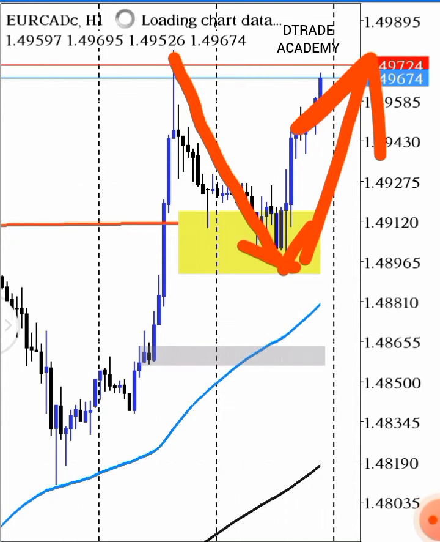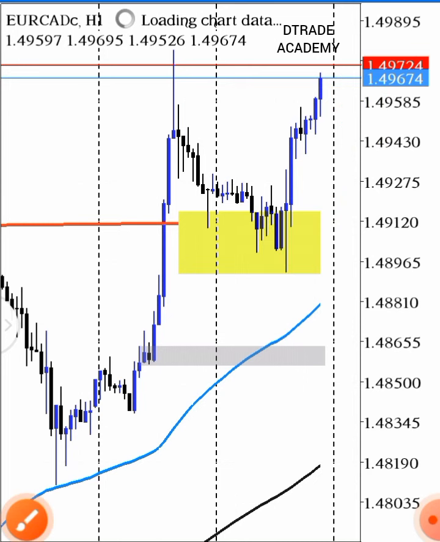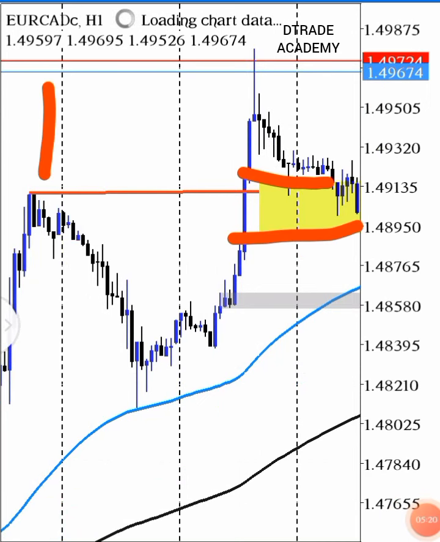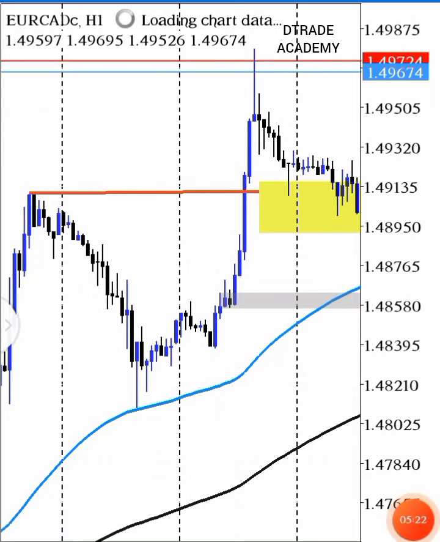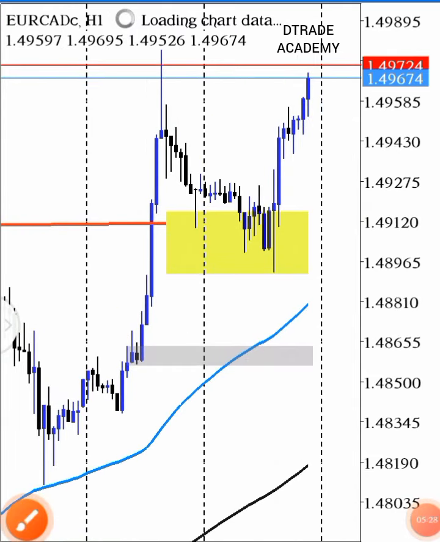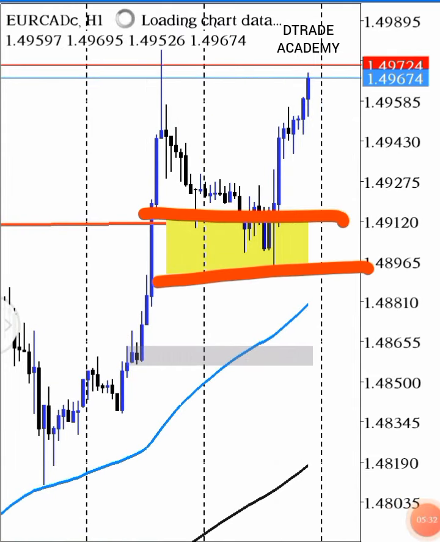Whenever you see something like this, marking the first and the third candle very close to your break of structure, it could be above or below. Once you see something like this, mark it out with your yellow highlight and look for a price action candle, like a bullish engulfing or whatever.